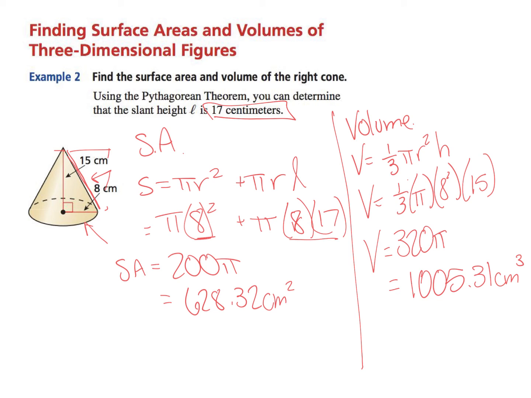So those are your two examples for homework problems 3, 4, and 5. 3 is a cylinder. It's a very short cylinder. 4 is a circle, and 5 is a pyramid. So make sure to get those formulas in the back of your book.